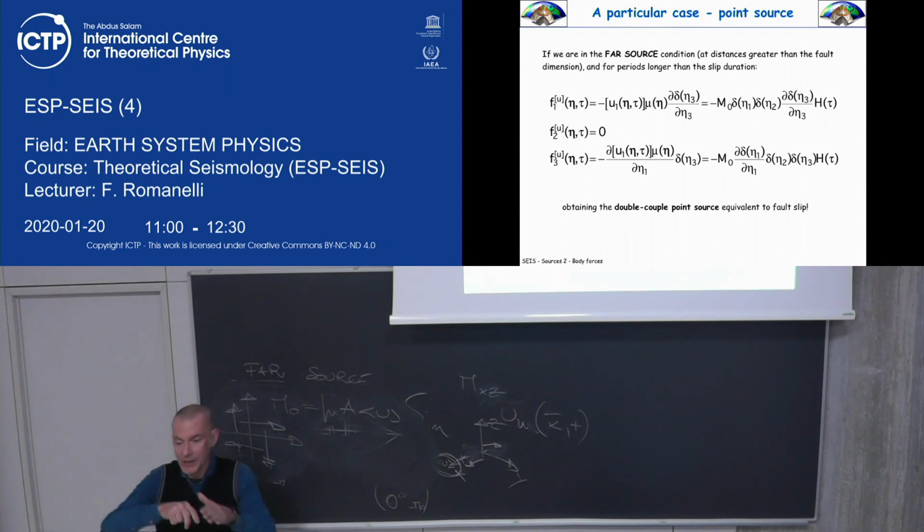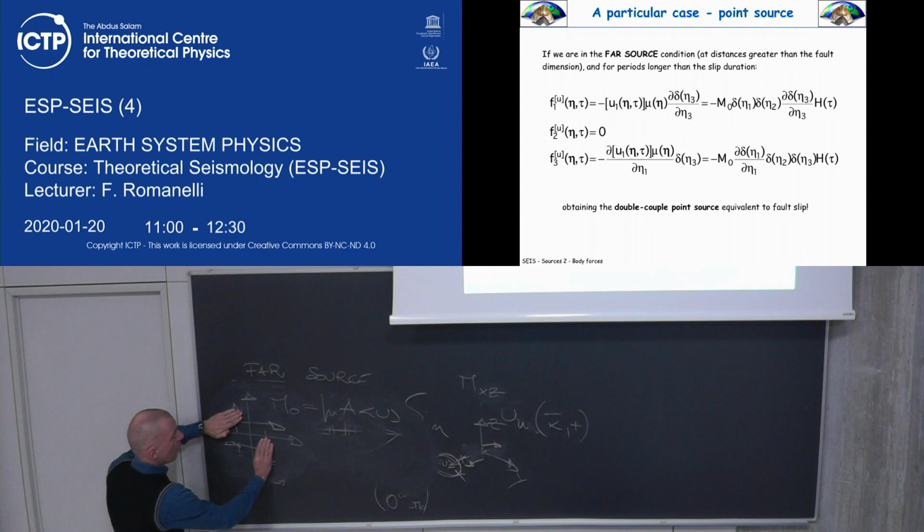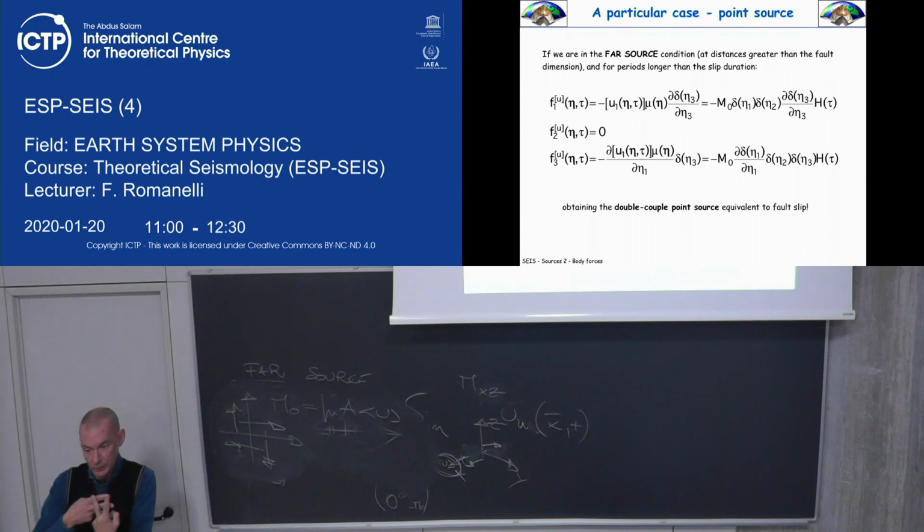A is coming out from the integral of the fault, and this is the average of slip after integration. And it is the moment of each of the couples too. But together, they do represent a shear dislocation on a fault.